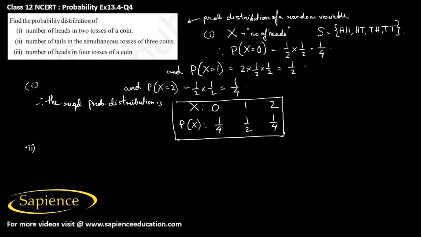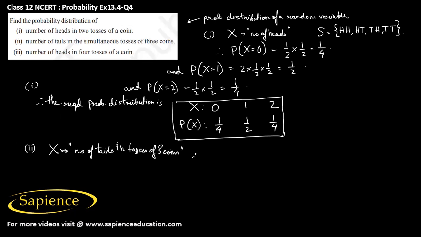And for the second case, it has been asked that the random variable is defined as the number of tails in the simultaneous tosses of three coins.